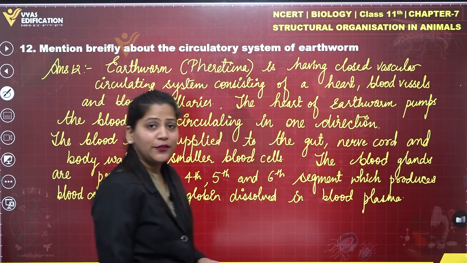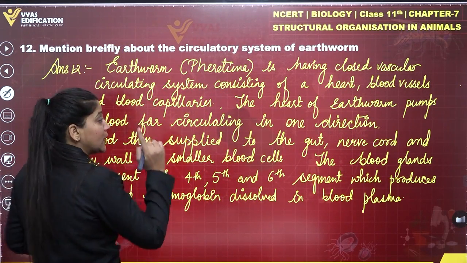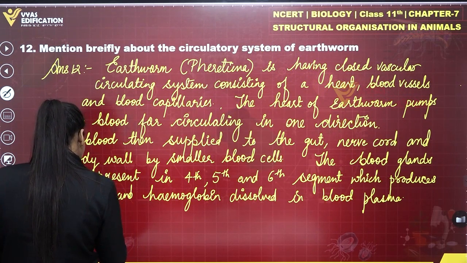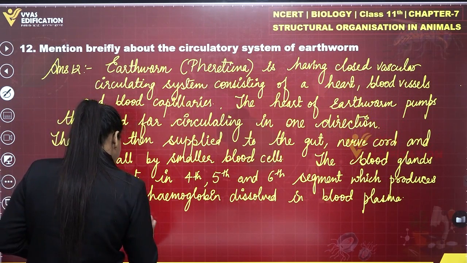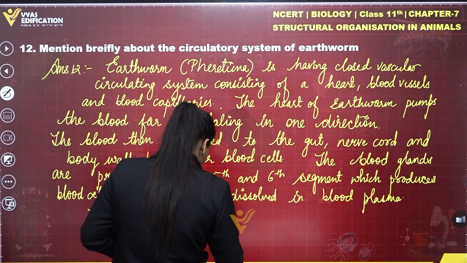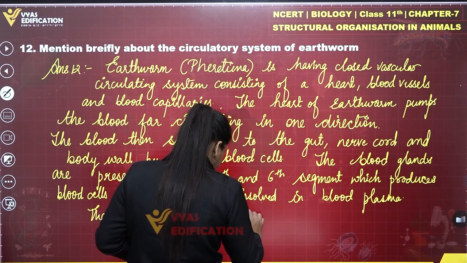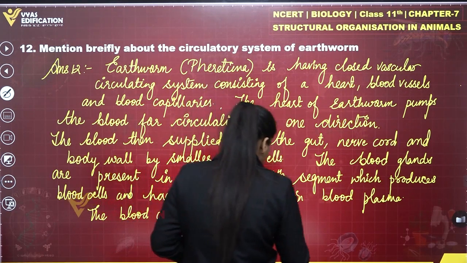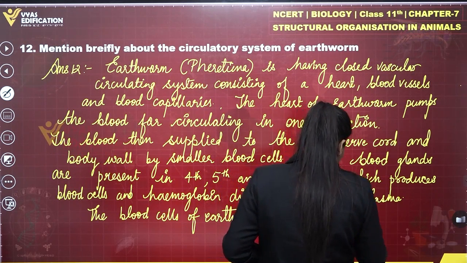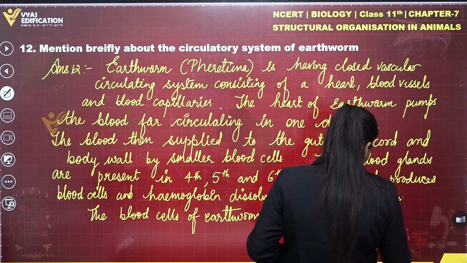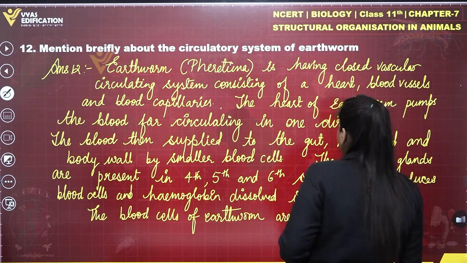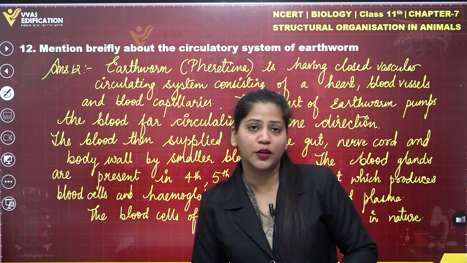Also, the important thing about the blood cells of Pheretima is they are phagocytic in nature. So, the blood cells of earthworm are phagocytic in nature. Right, so this is the complete solution of question number 12.